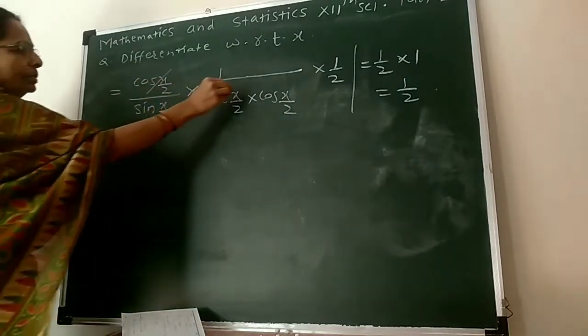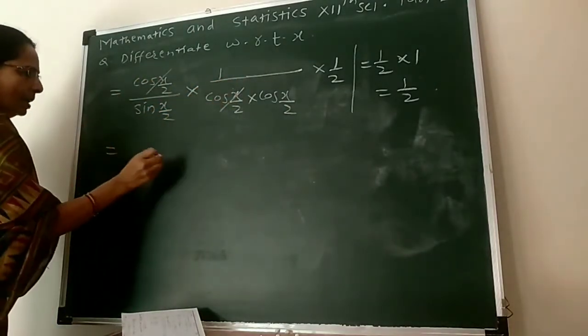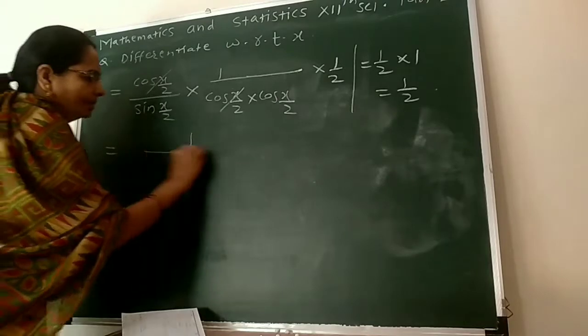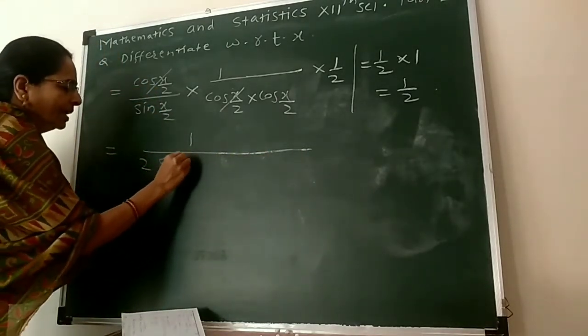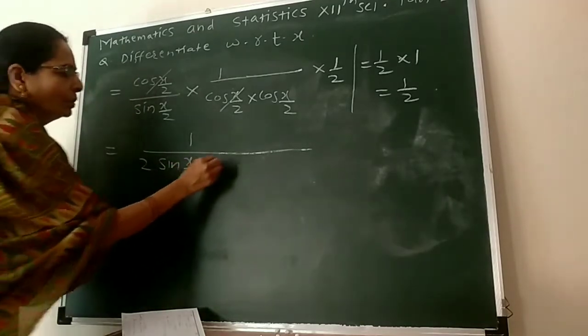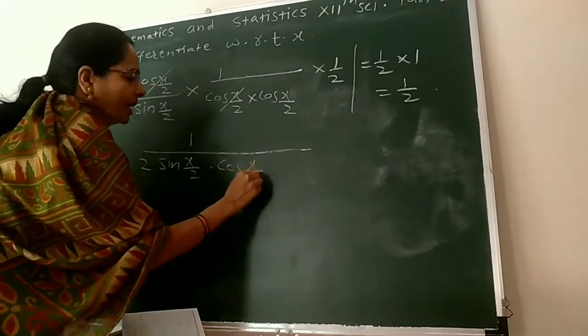Cos x by 2, numerator 1, in the denominator 2 sin x by 2 into cos x by 2.